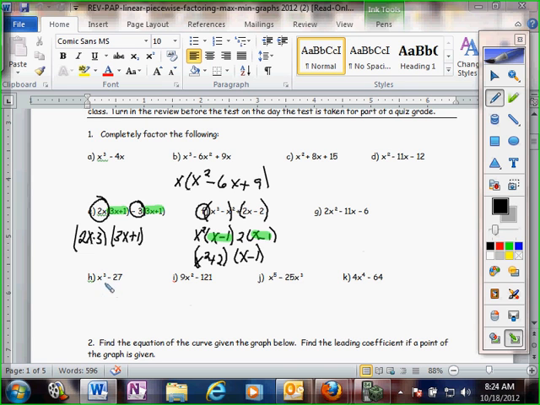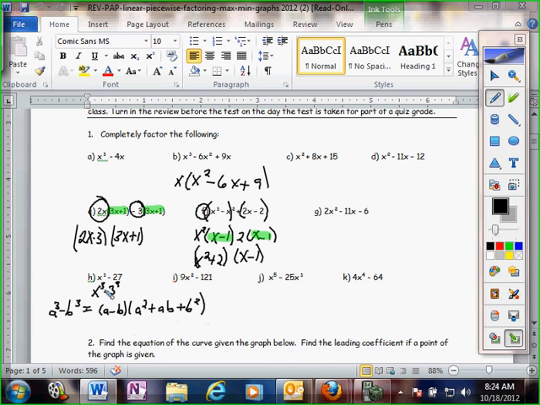Looking really quick at H, you should be able to see that this is a difference of cubes. You have x cubed minus 3 cubed. For regular pre-cal, you will be able to use your note card notebook. Pre-AP pre-cal, sorry, you cannot. The formula for factoring a difference of cubes is, if you have a cubed minus b cubed, the factored form is a minus b times a squared plus ab plus b squared.